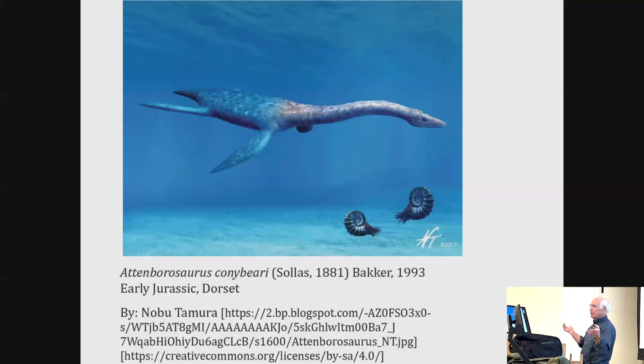Plesiosaurs are fairly common, but that's the first record of a plesiosaur from Oregon. I think it's at the South Dakota School of Mines. A person by the name of Jim Martin is working with it, and presumably will publish that at some point in time. But we do have one record of a plesiosaur.